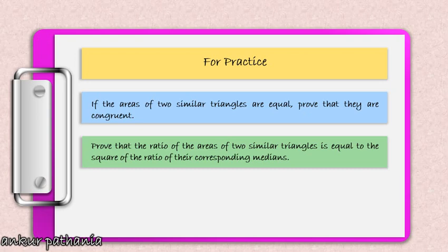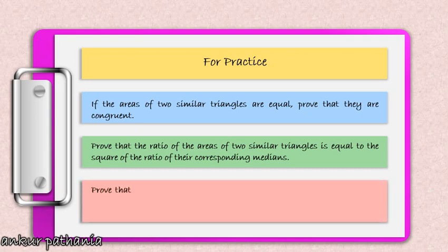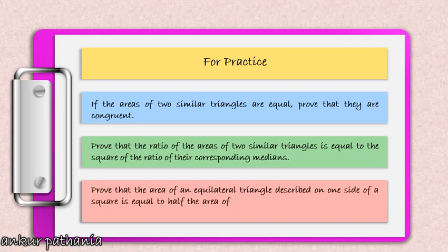Now here the sides have been replaced by medians. And the last assignment work is, prove that the area of an equilateral triangle described on one side of a square is equal to half the area of an equilateral triangle described on one of its diagonals.